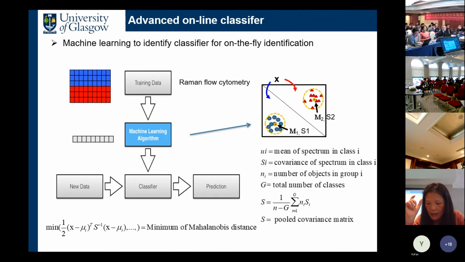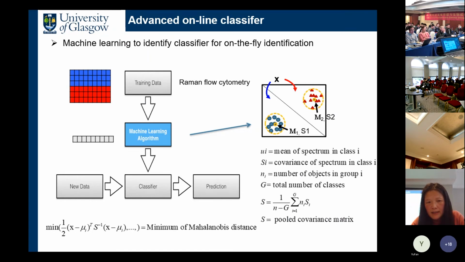Now, the advantage of Raman spectroscopy is that we have a lot of information, and it allows us to do unsupervised classification. Our Raman-activated cell sorting system also functions as a flow cytometer, which allows us to obtain thousands of data points. We can use these as training data for a machine learning algorithm to generate a classifier, and that will allow us to classify the cells without any prior knowledge.